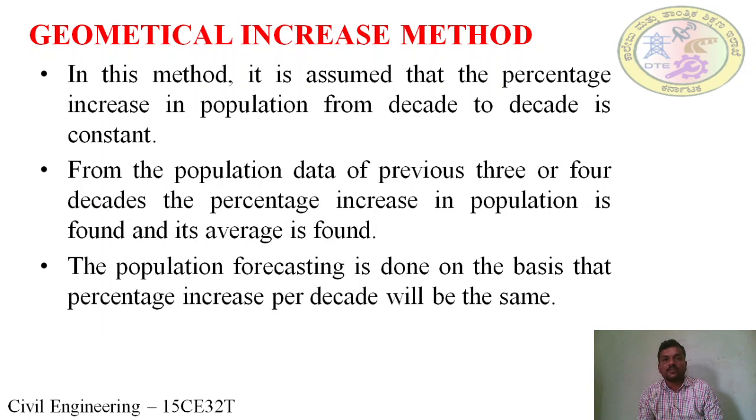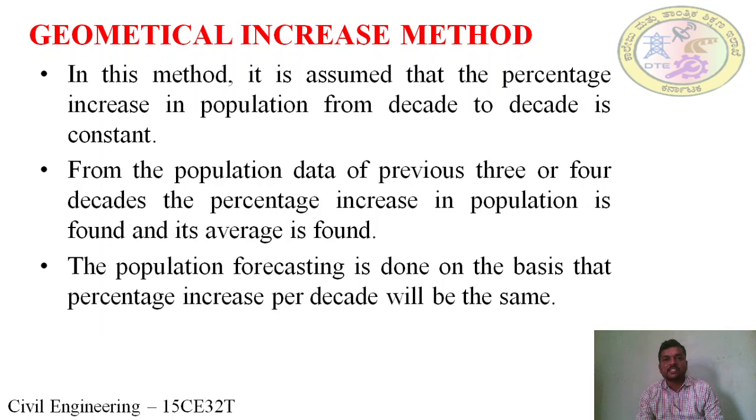To find out the future population, we must know the population details of previous decades. From the population data of the previous 3 or 4 decades, the percentage increase in population is found out.